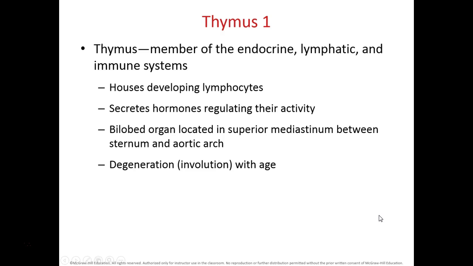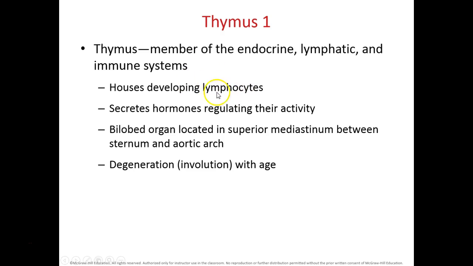Now the thymus, this is also a primary lymphatic organ, and it's also a member of the endocrine system. If you remember what hormones the thymus makes, thymosin, thymopoietin, those type things, and it's part of the immune system as well. So it houses developing lymphocytes.